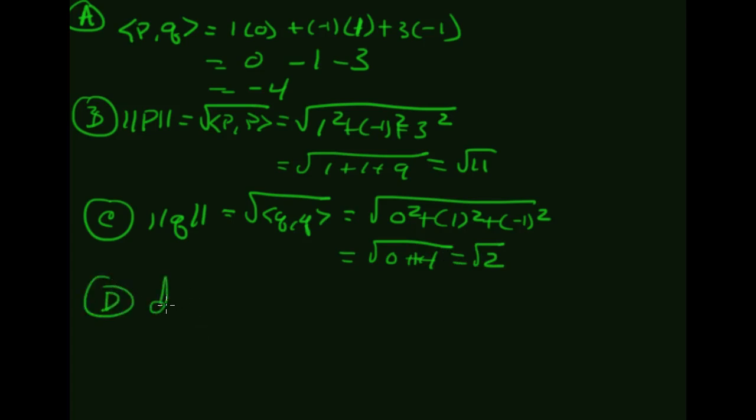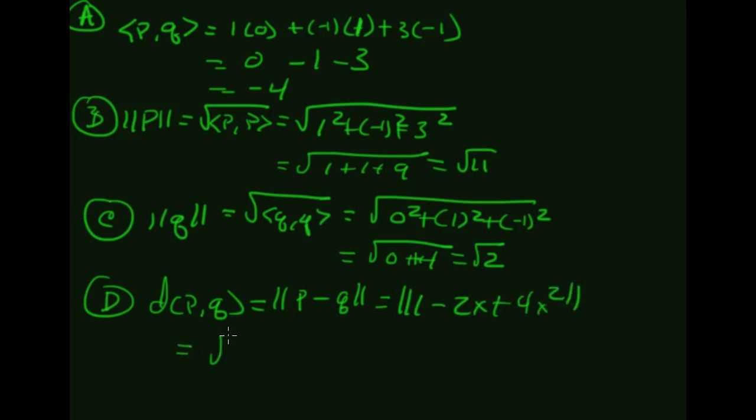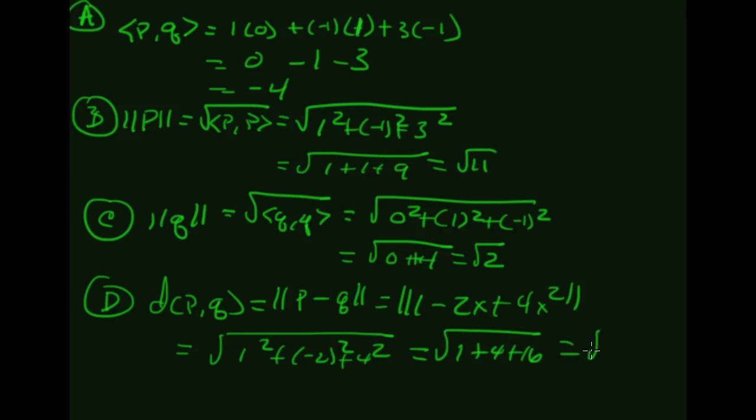Part D asks me for the distance between P and Q, which is the magnitude or the norm of P minus Q, which is going to be the norm of 1 minus 2x plus 4x squared, which is square root 1 squared plus negative 2 squared plus 4 squared, which is 1 plus 4 plus 16, which is the square root of 21. Alright, so that's number 4.